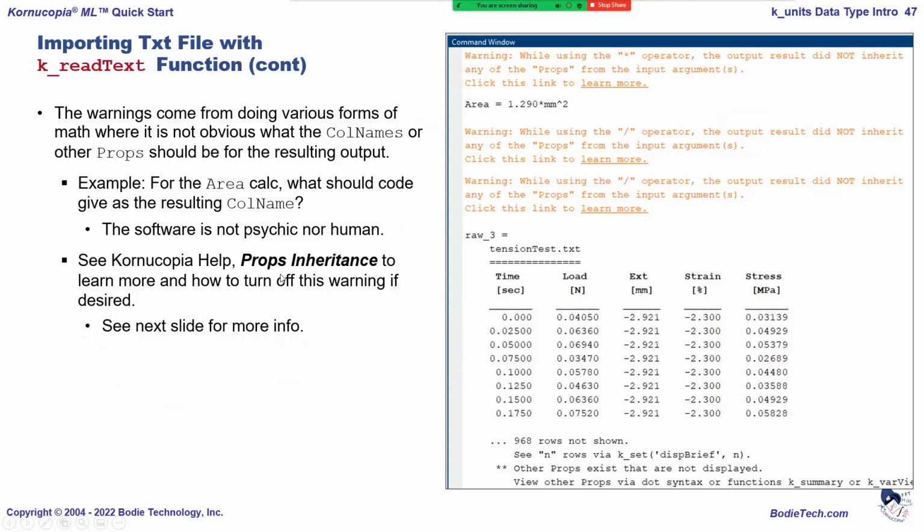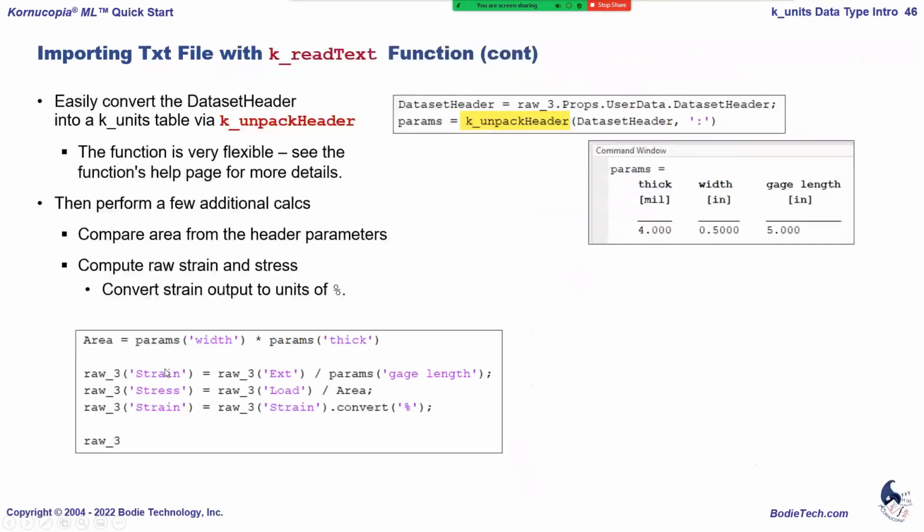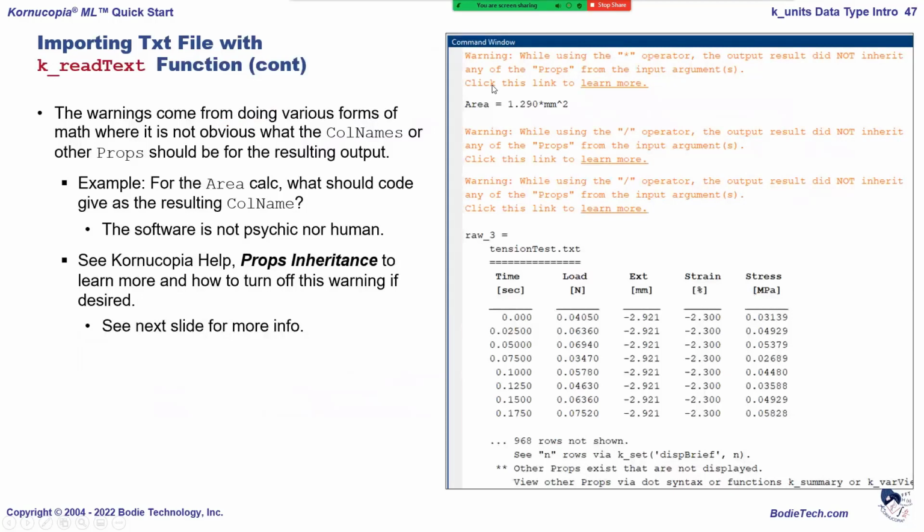Now, if I had continued to do that live and typed these commands as they are, I would have had a warning sent to the screen. The warning would be telling me a couple of different things: that around a couple of operators, the output result did not inherit any properties or props from the input argument.